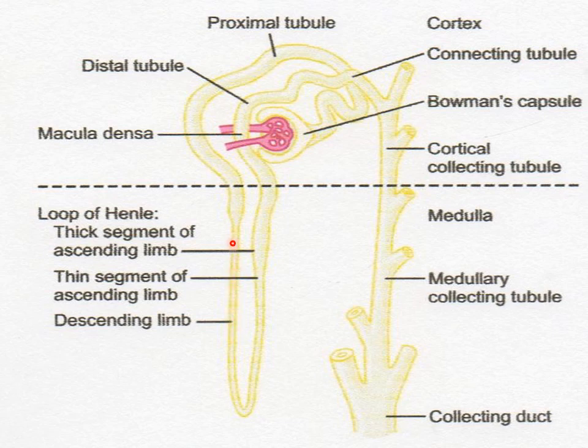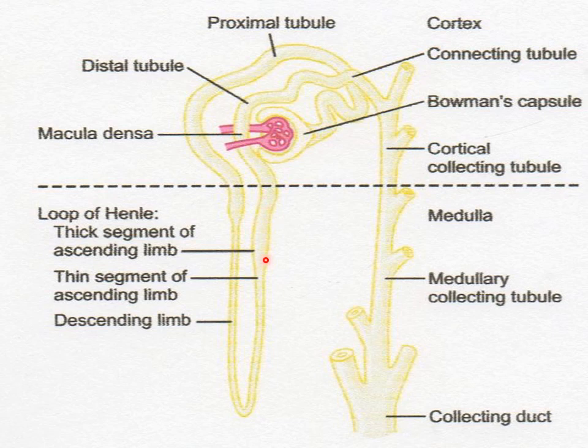بعدين راح يجي لنا هذا descending segment loop of Henle. loop of Henle عنده descending segment و ascending segment. The descending and the first half or the lower half of the ascending loop of Henle have a thin wall. شوفوا شلون thin wall. زين. بعد ذلك ال upper part of the ascending loop of Henle have thick wall.